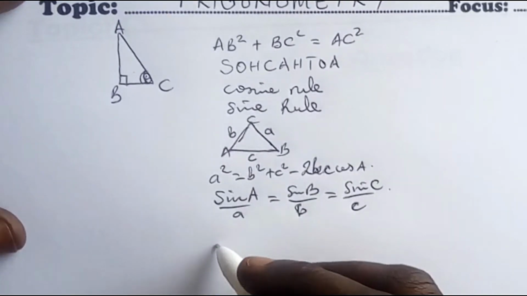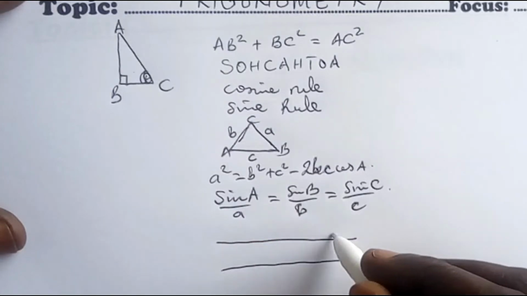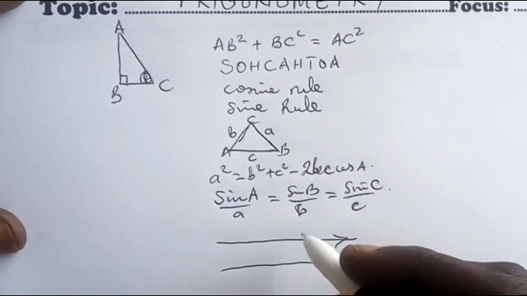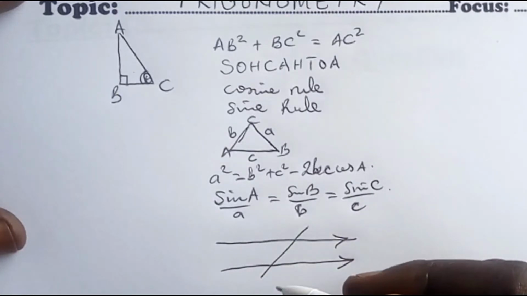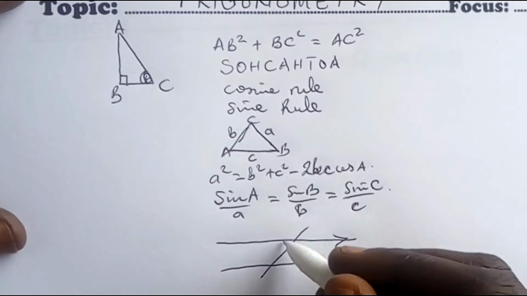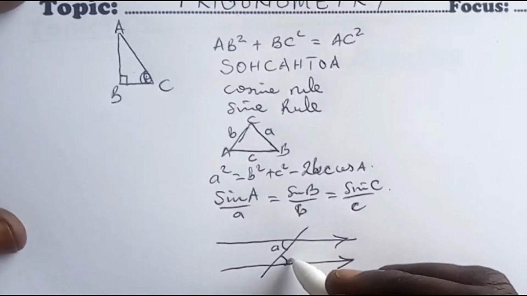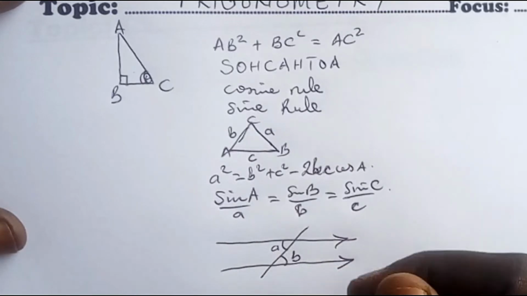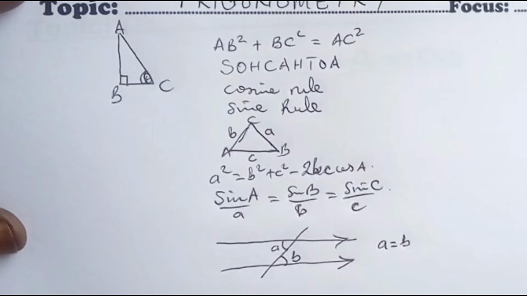There are also situations where you would need to use the notion of parallel lines. When two lines are parallel and there is a transversal, in particular alternate angles, angle A is alternate to angle B, and they are supposed to be equal. A equals B. You would also need to use that.